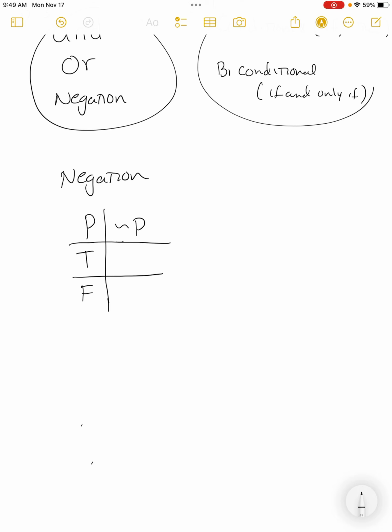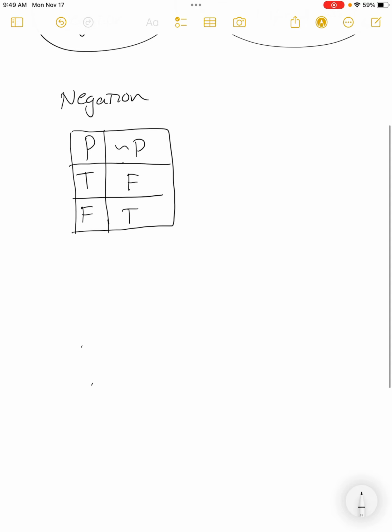And so the truth table for the negation of P says, well, if P is true, so the first row here is, if P is true, then the negation of P is false. If P is false, then its negation is true, something that you already kind of know and we established. So there's the one for the negation. All right, so if we know a statement's true, then its opposite is false. If we know a statement's false, then its opposite is true. And so we use that to our advantage.